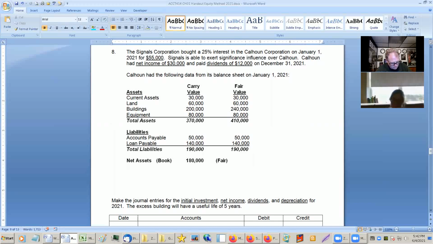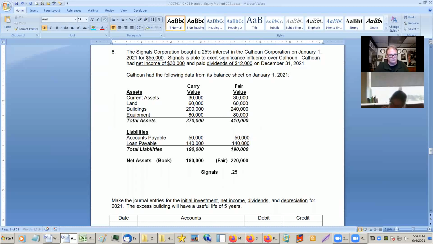So the fair value of the assets is 220. And you'll notice that Signals Corporation bought 25% of it.